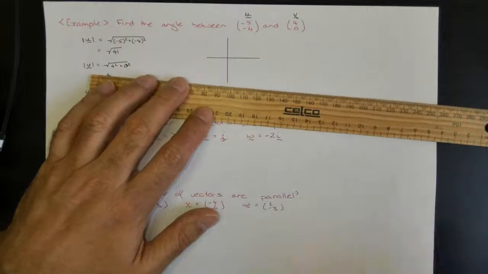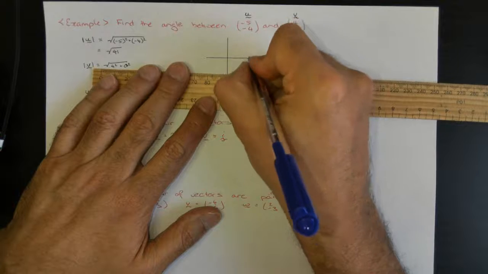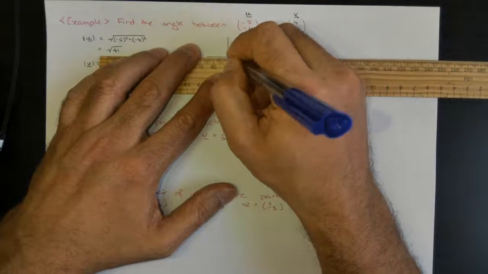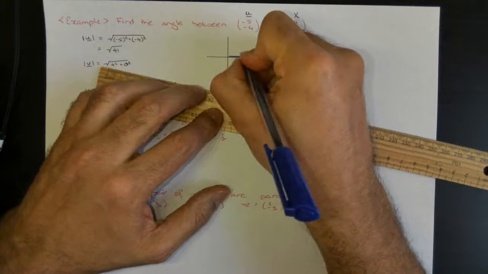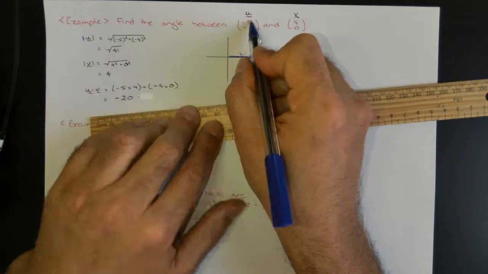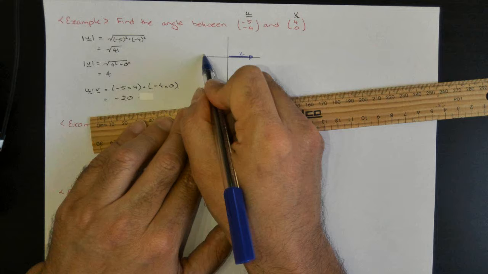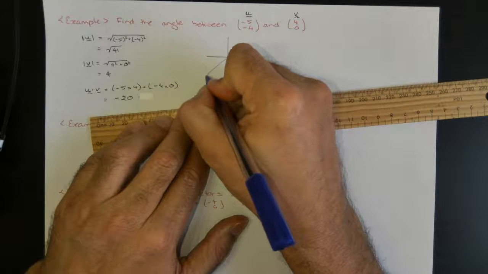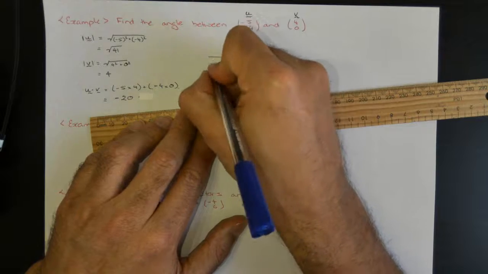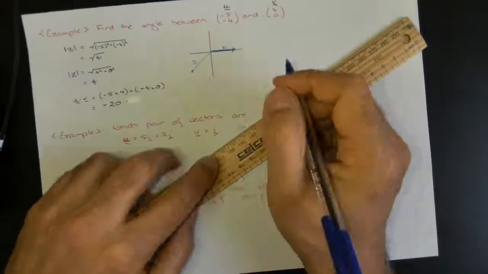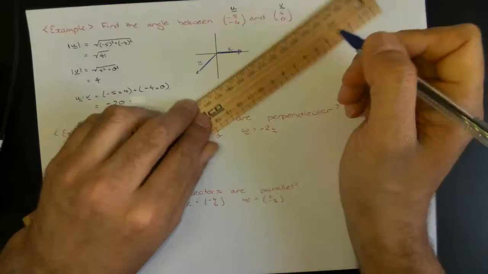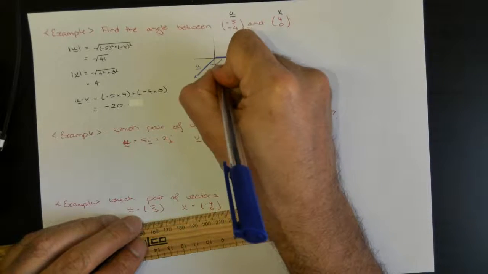So I have my vector v, which is going 4 units this way. And vector u goes backwards 5 units and then down 4 units. And I'm getting this angle here.